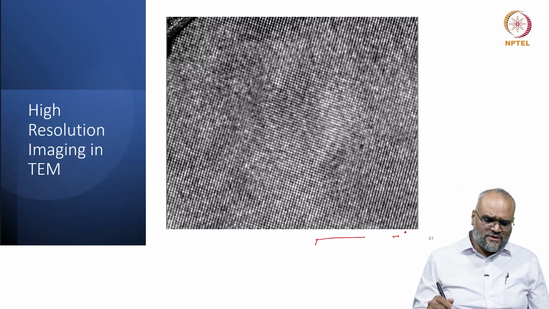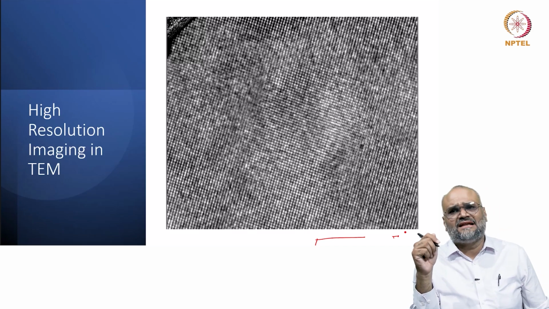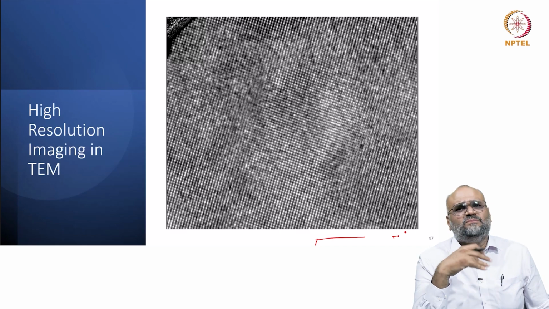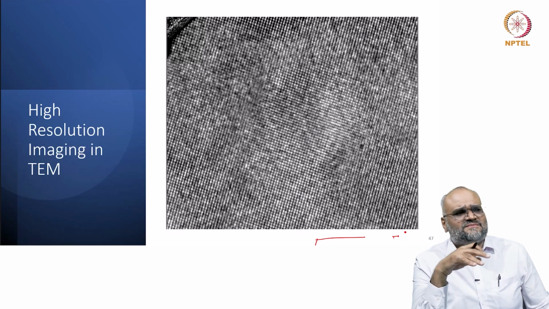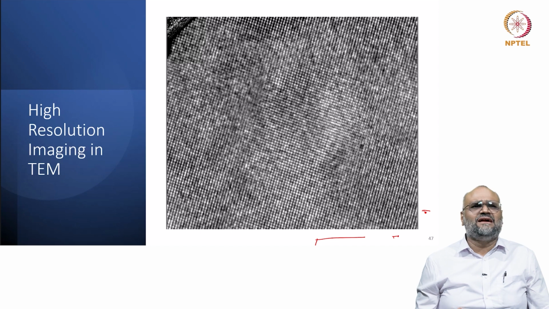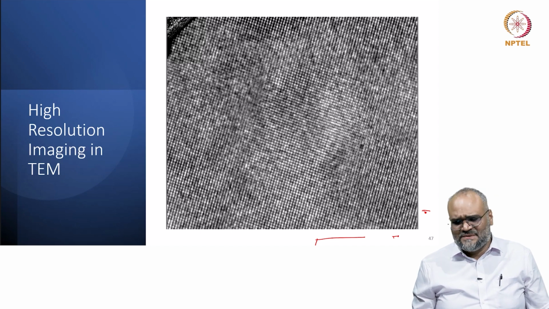And if you consider that each of the atomic columns is acting as a source to deviate my electron beam, and if I think of them as periodic sources arranged in a periodic manner, what I record here is sort of an interference pattern. I am overly simplifying this concept, but let us understand how high resolution imaging is done.